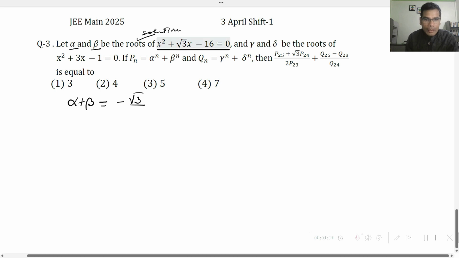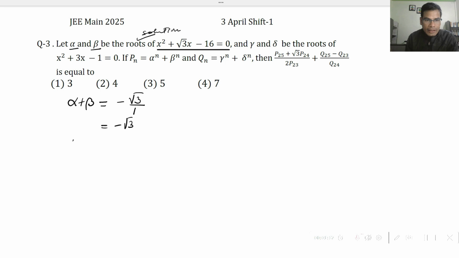So therefore alpha plus beta is equal to minus root 3, and the second, that is the product of the roots, is equal to constant term, which is minus 16 divided by coefficient of x square, again which is 1. So finally alpha beta is simply equal to minus 16. So let us mark this.